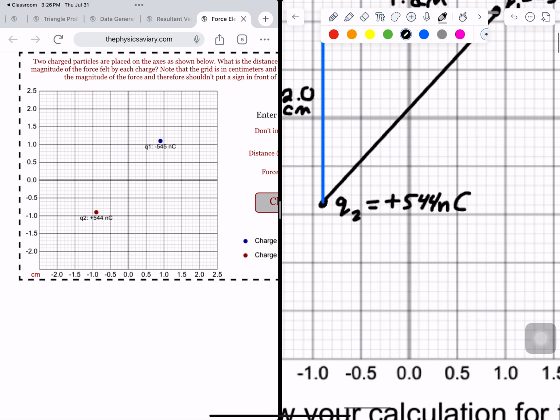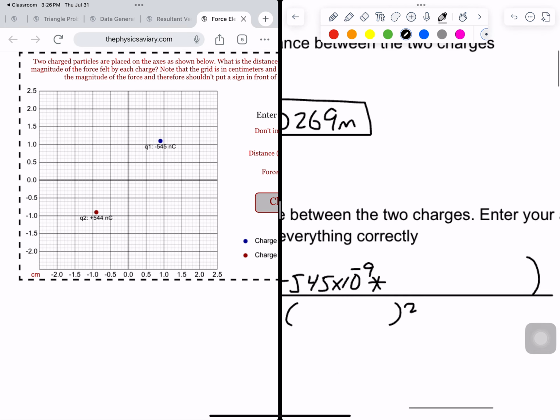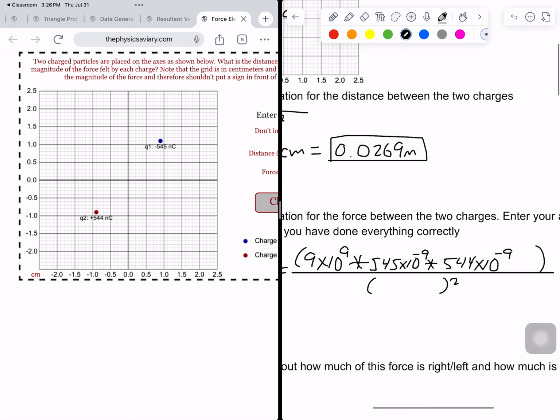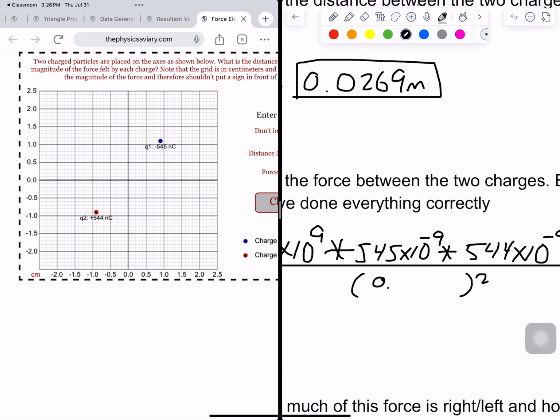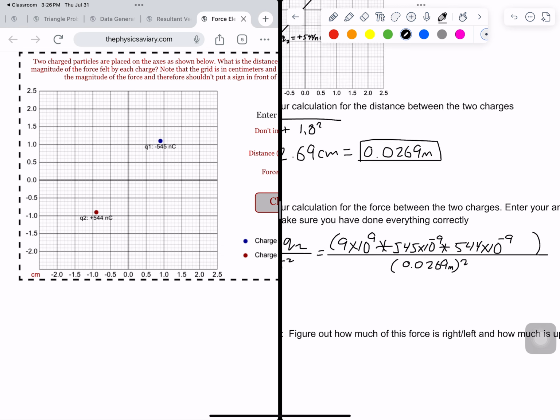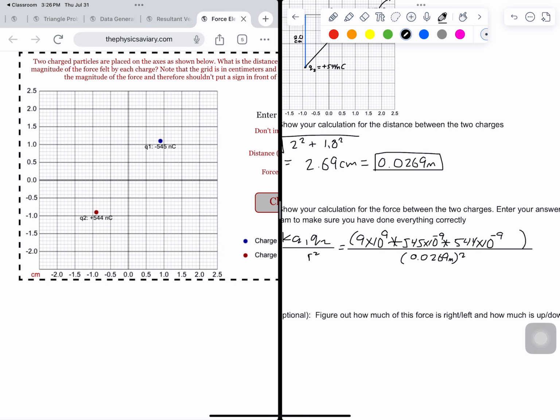And charge 2 is 544 nanocoulombs, so 544 times 10 to the negative 9 coulombs. Remember we're putting the distance in meters, not centimeters, so we had to change it: 0.0269 meters squared. Pause the video and plug in your values, and let's find the electric force between your charges that were given.